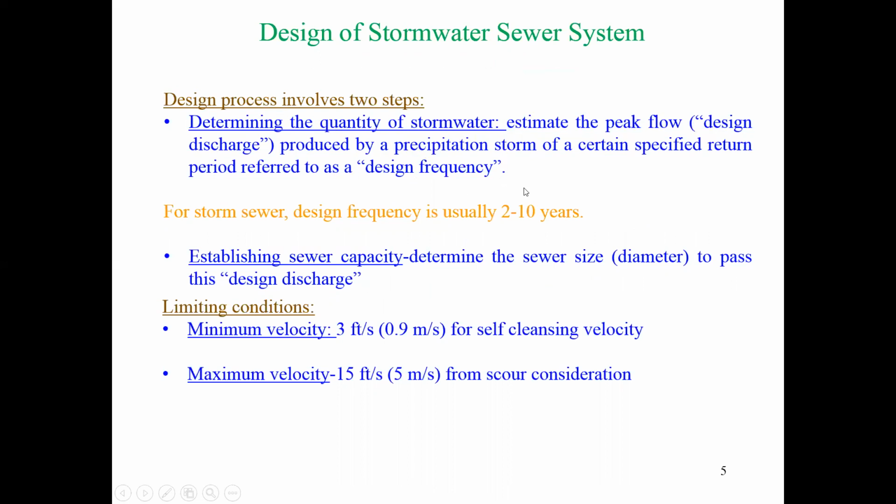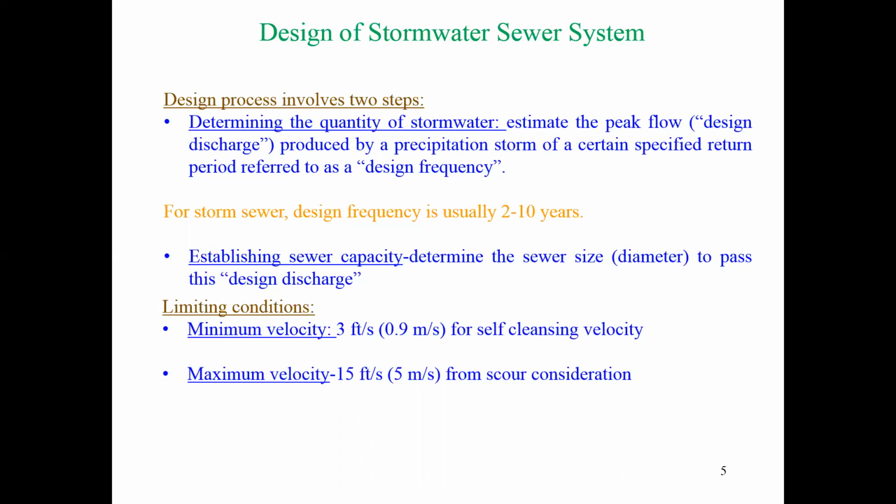It's like after how many years we can expect that rainfall. For storm sewers, usually the design frequency is 2 to 10 years. Once we know the peak flow, the next step is to find the sewer size or diameter to pass this design discharge. So these are the two steps.